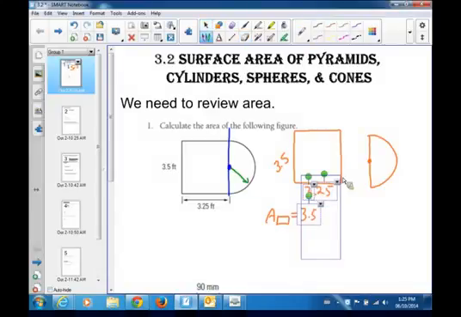I'm screwed with my board right now. 3.5 feet, 3.25 feet. And I'll wait for an answer, that'll be 11-ish or something. Or is it 10? It's 11 point. Okay, 11.375.